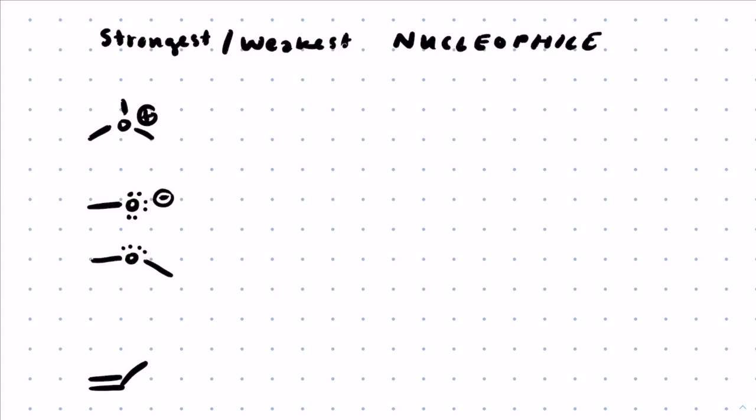So we're now going to evaluate which ones of these are the strongest and weakest nucleophiles. So let's talk a little bit about what makes a nucleophile strong. What I would consider a strong nucleophile is something that has electron pairs usually, so lone pairs that are available for creating a bond, and then more electron density in general. So negative charge, extra lone pairs, things that enable it to create a bond.